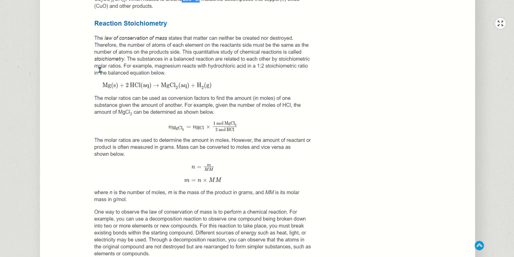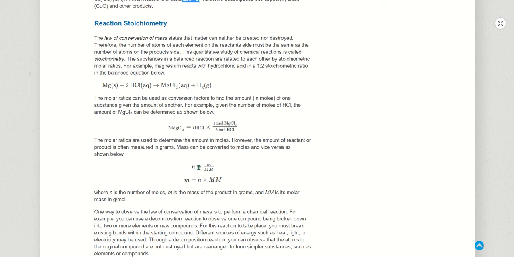Now, it goes into an example here about stoichiometry, right? And how when you have a chemical reaction, there's certain ratios of everything. So for example, here magnesium reacts with hydrochloric acid in a 1:2 stoichiometric ratio.